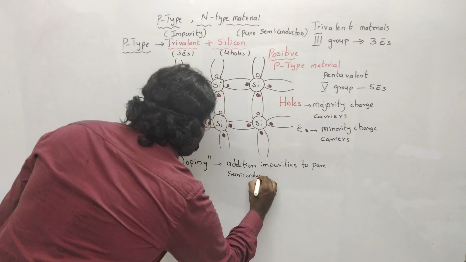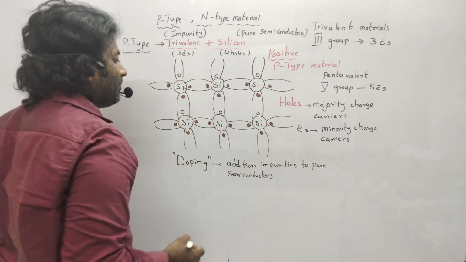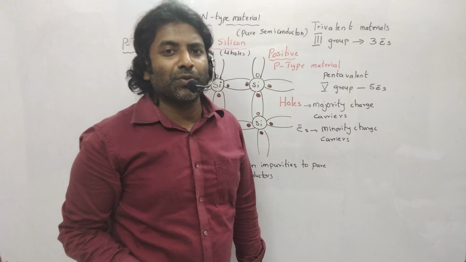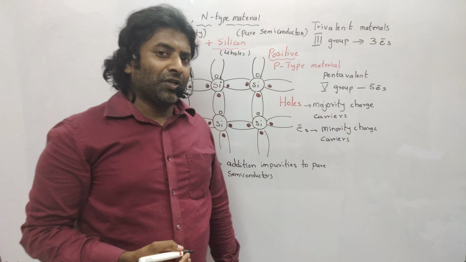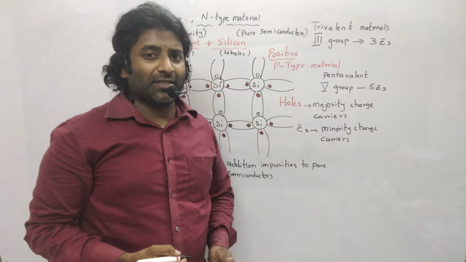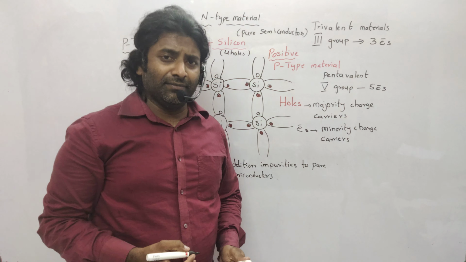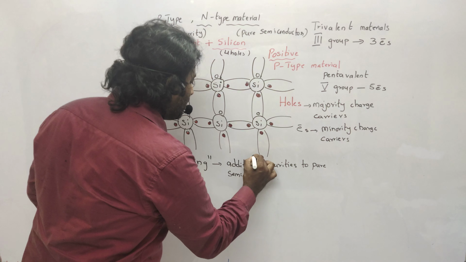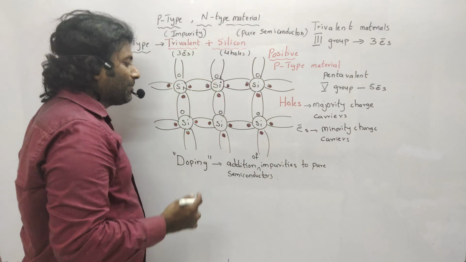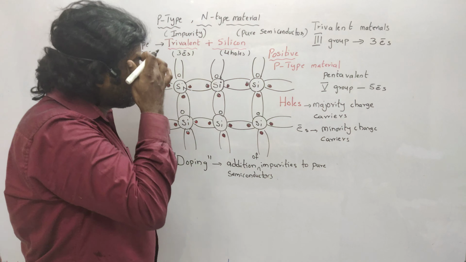Generally, we are understanding with silicon only. Germanium is another type of semiconductor which is also used for this purpose, making electronic devices. But we are concentrating on silicon. So the doping definition is addition of impurities to pure semiconductors.